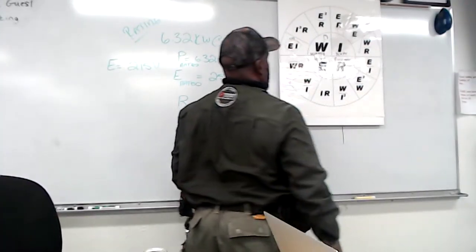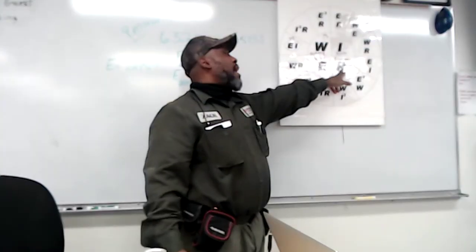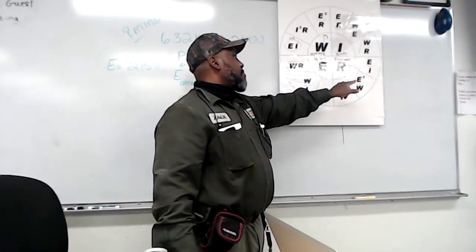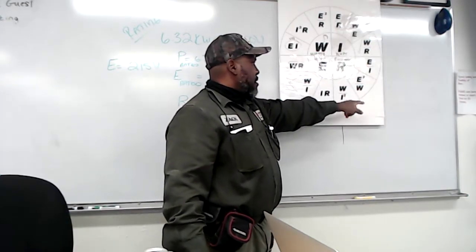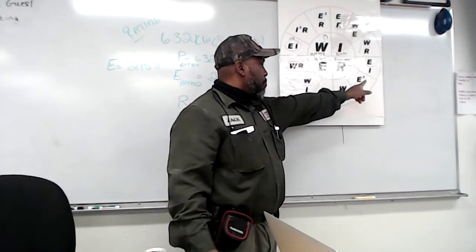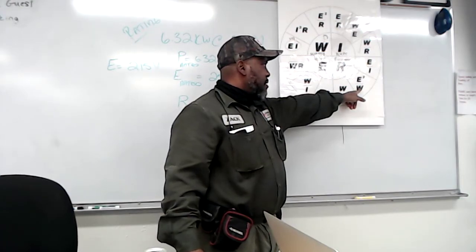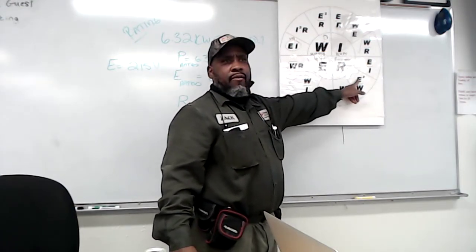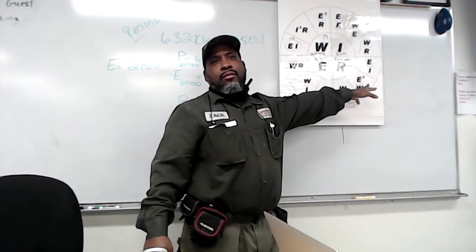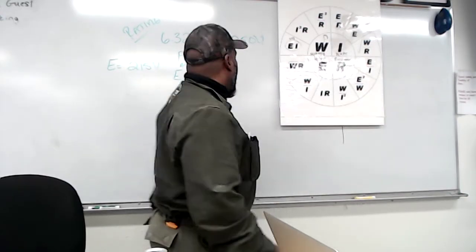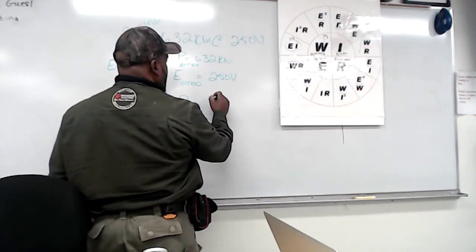I'm looking for resistance. What do I have? Power and voltage. This is the only one I can use then, right? I can't use that one. I've got to use this one.